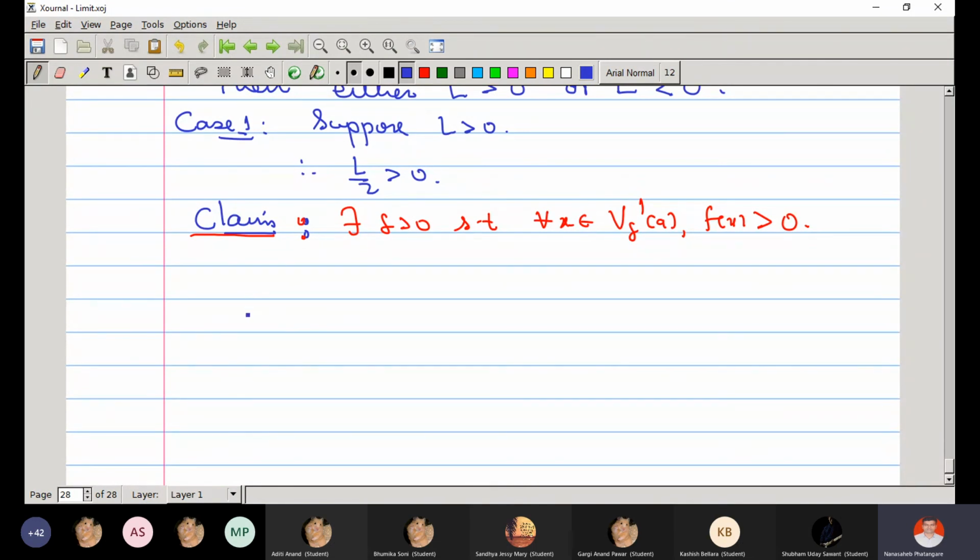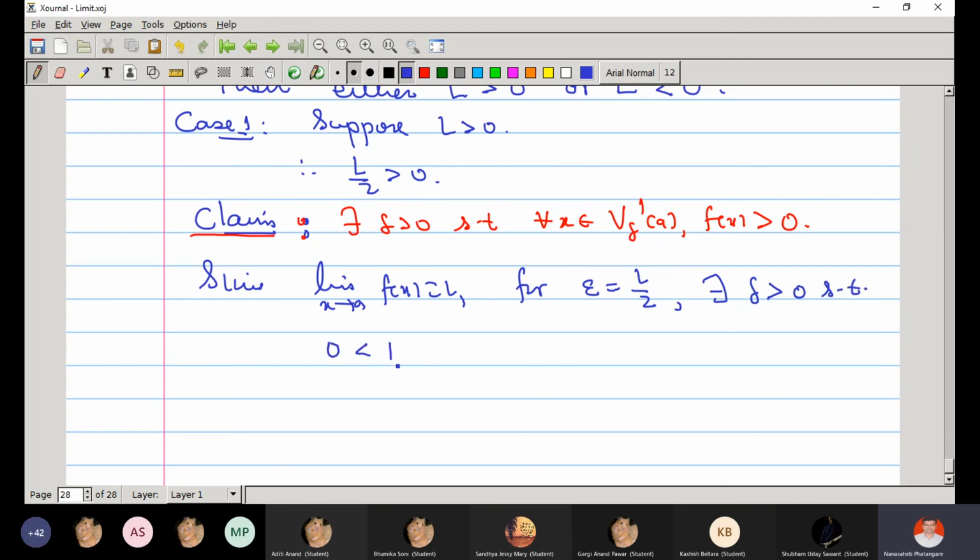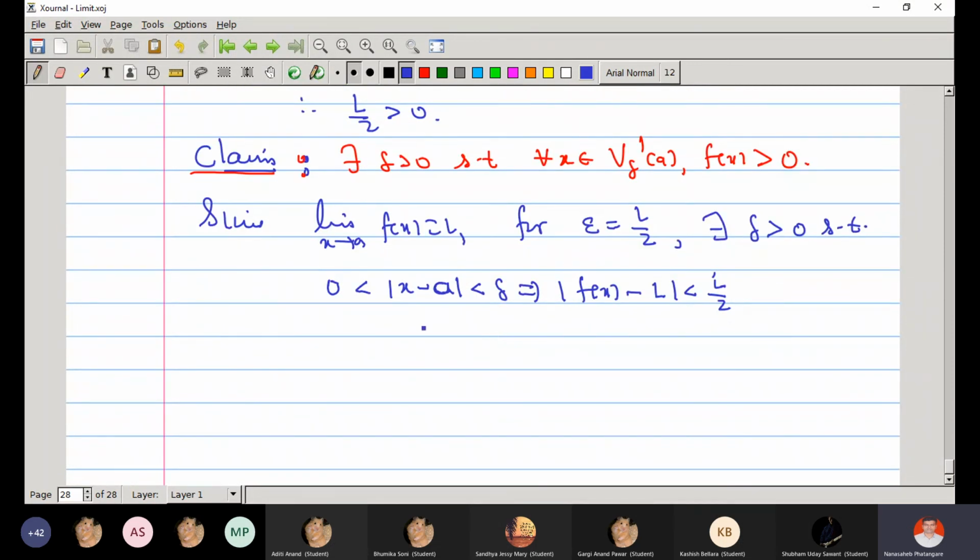Okay, so how to do this? We are assuming L is positive, so L by 2 is positive. Since the limit as x tends to a of f of x is equal to L, for every epsilon we can produce delta. In particular, for epsilon equal to L by 2, there exists delta such that whenever the distance of x from a is less than delta, then the distance of f of x from L is less than L by 2, which is our epsilon in this case.